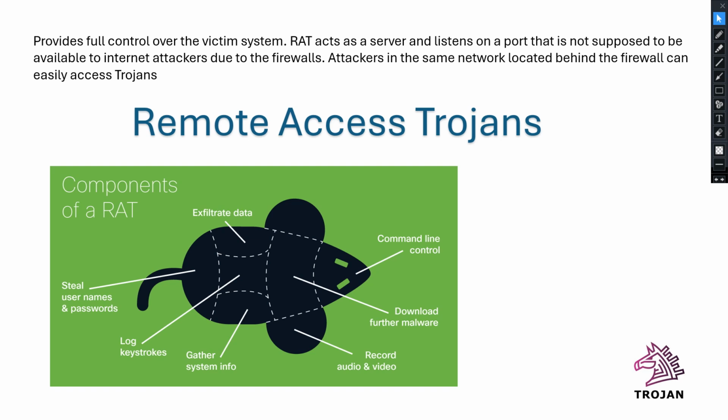You can do a number of things: you can change the directories, take screenshots of the systems, gather information, log keystrokes, steal usernames and passwords, and download further malware or command line tools. There are a number of things that you can do with remote access Trojans.